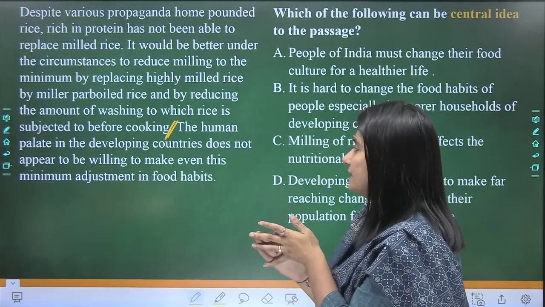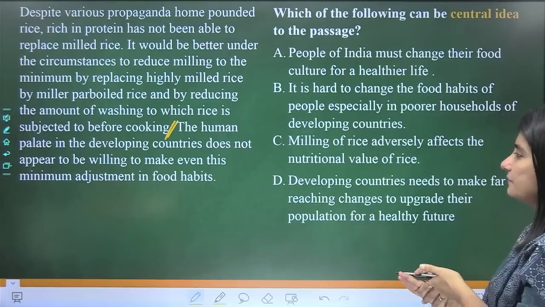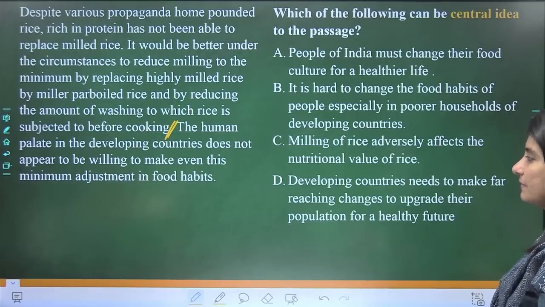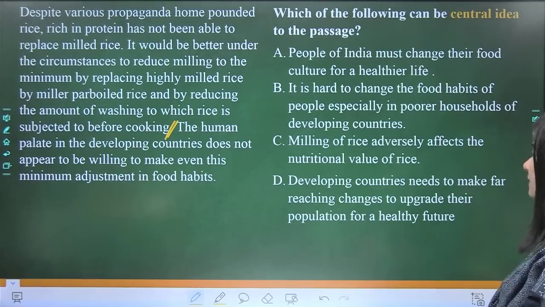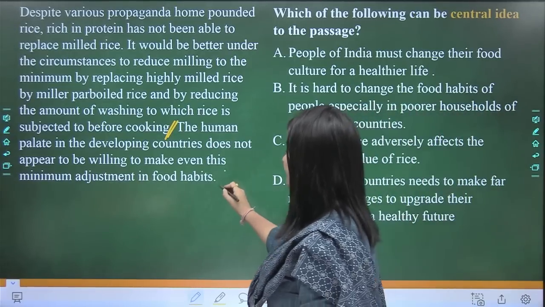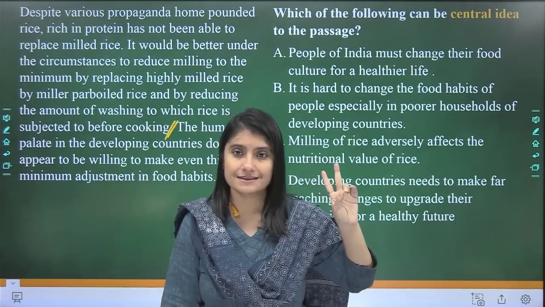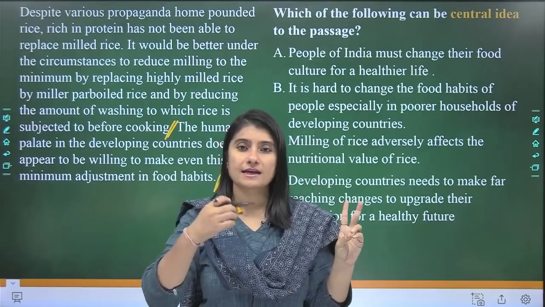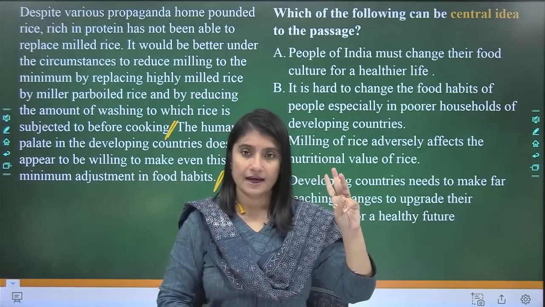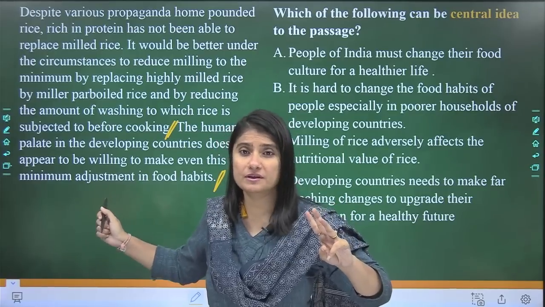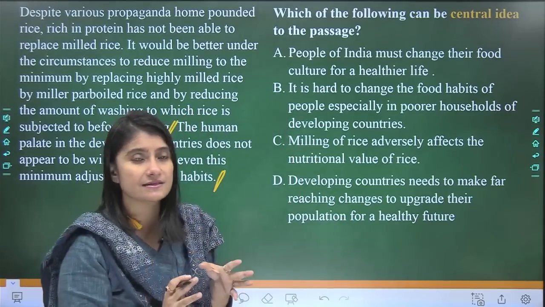The human palate in the developing countries does not appear to be willing to make even this minimum adjustment in food habits. So now we are talking about one unhealthy practice that is being followed. Second, we are talking about another practice to be stopped, and third one, that in developing countries people are not willing to adopt it. They want that washed and milled rice.